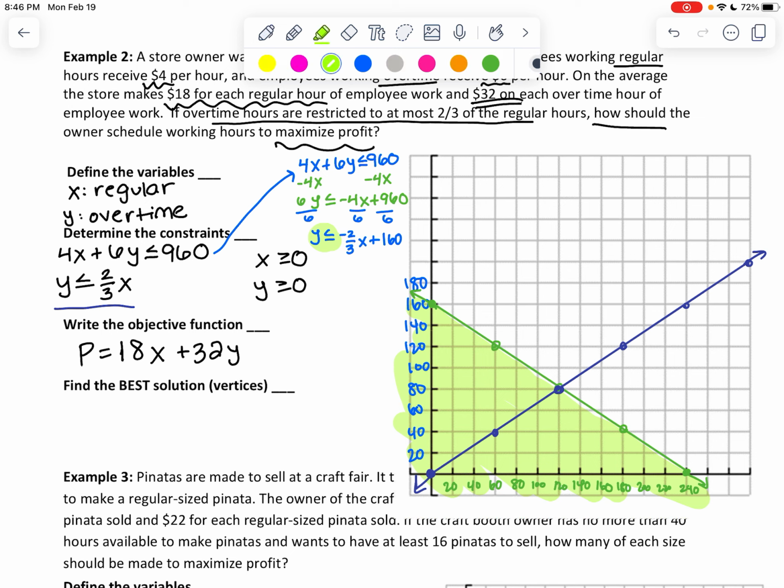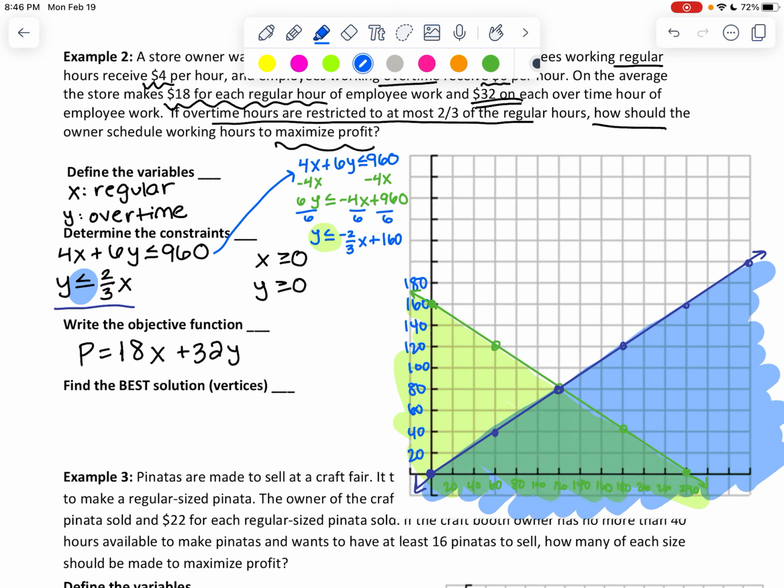And for this equation, it is y is less than or equal to the equation, so we're going to shade below the line.